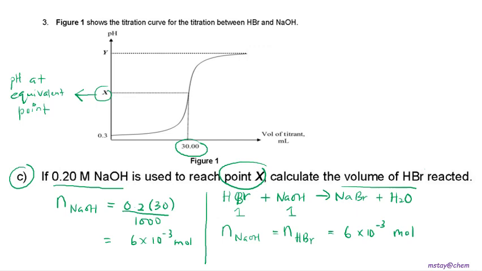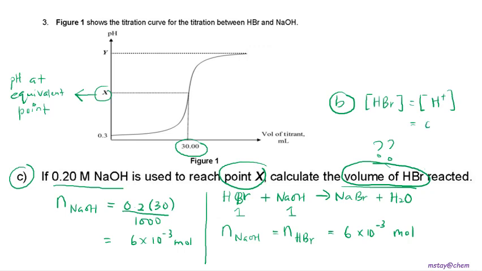However, the question needs us to calculate the volume of the HBr needed. This is the question mark. In the answer of question B, the question asks us to look for the concentration of HBr, which is also the concentration of H plus, and is 0.5 molar.